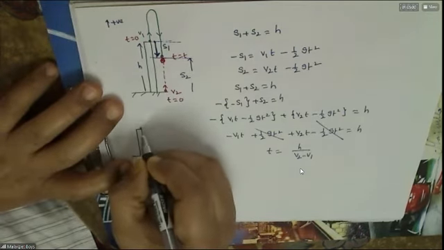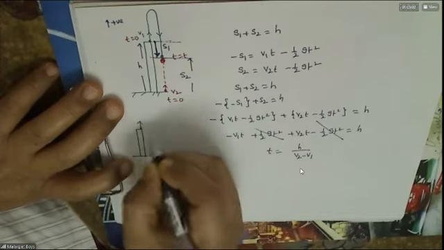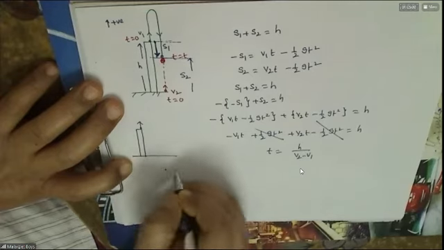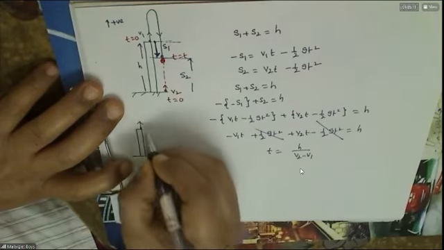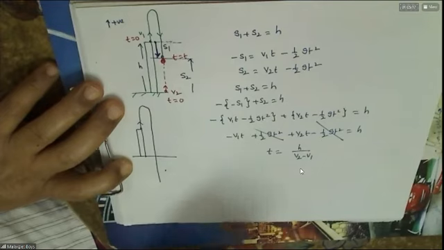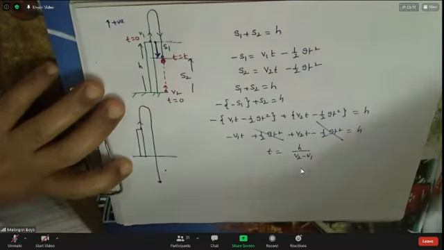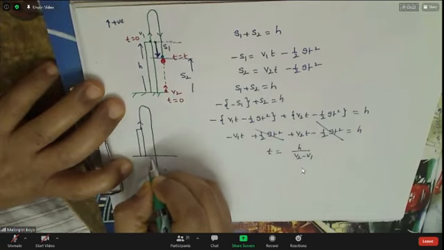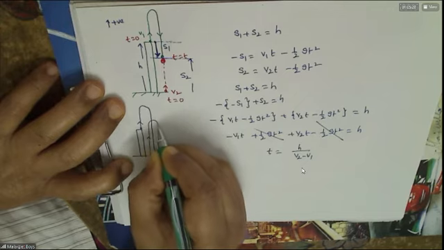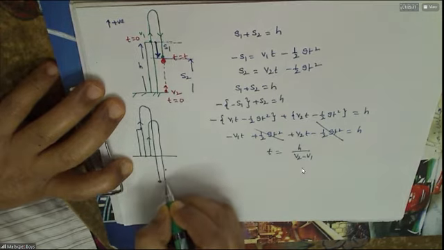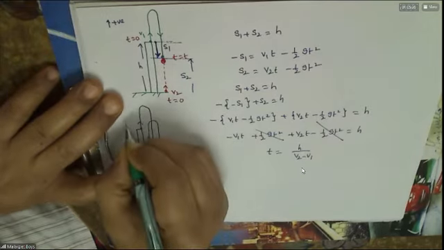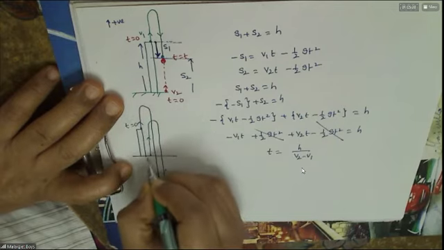That means this is on some platform. It goes like this, then again comes down. Similarly, the second particle, which is thrown from here, goes somewhere, velocity becomes 0, again comes over here. They meet here at t equals t. They are projected at t equals 0. This is t equals 0.